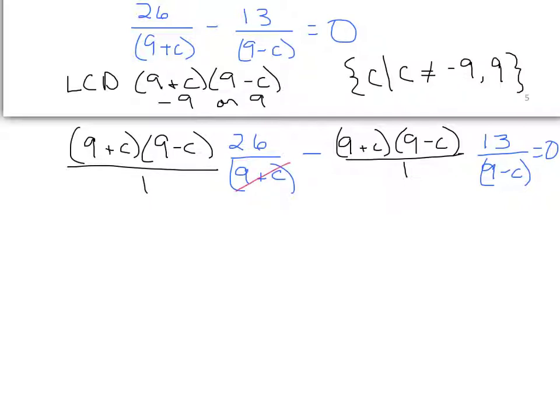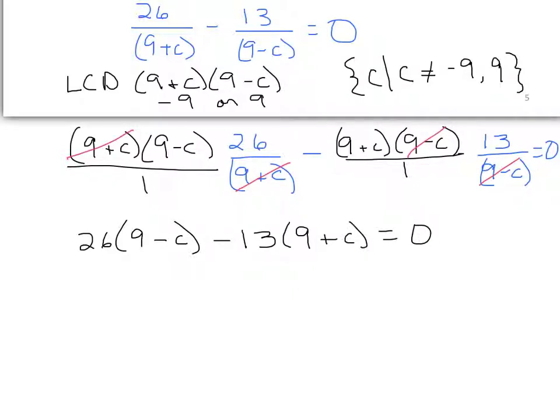The (9 plus c)'s go away over here, and we're left with 26 times (9 minus c). And in the second term, the (9 minus c)'s cancel, and we're left with subtracting 13 times (9 plus c) equals 0.